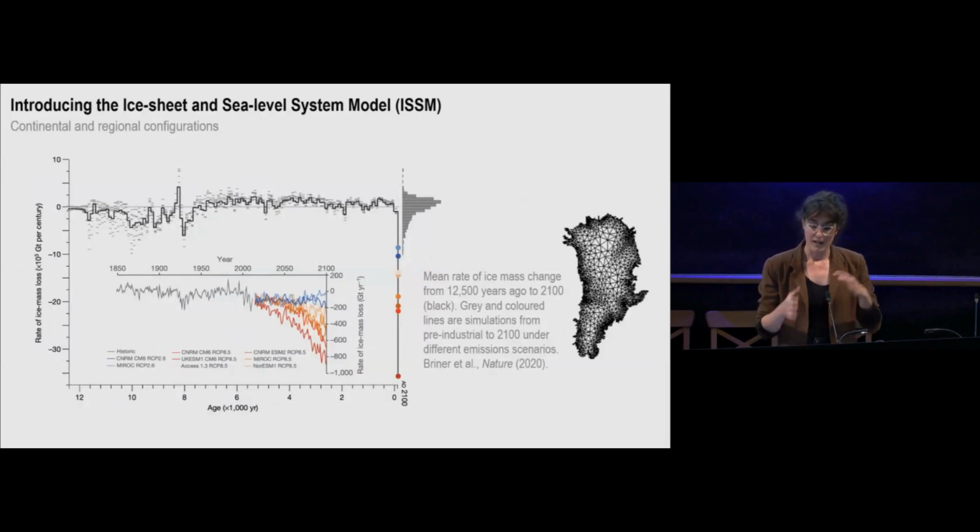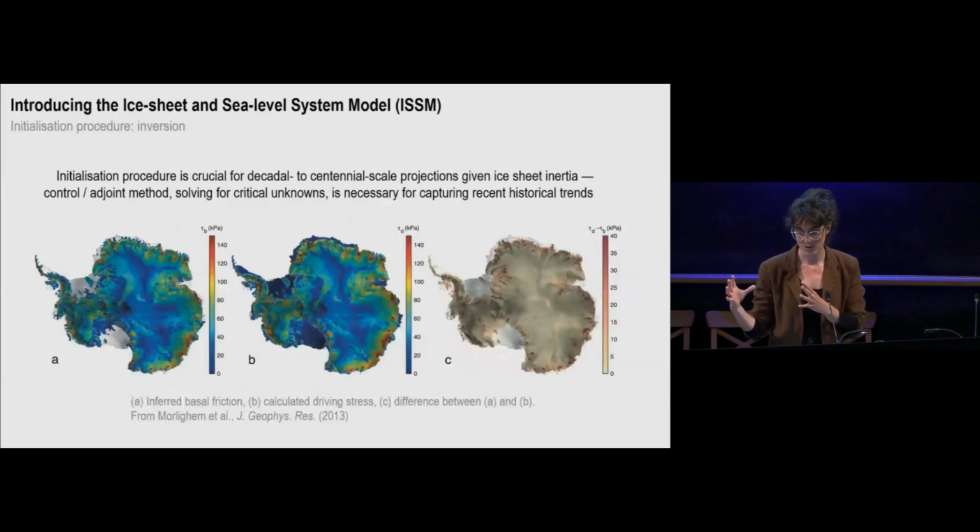And they incorporate both continental and regional scale configurations, but there are a couple of examples of longer simulations, and this is an example of one that simulated parts of the Greenland ice sheet over the Holocene, and you can see that there's actually pretty good agreement between the model ensembles and broadly what we think the ice volume did over the Holocene in that top line, particularly towards more recent, that few thousand years.